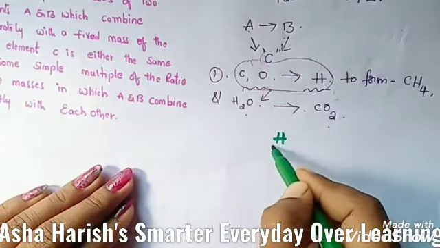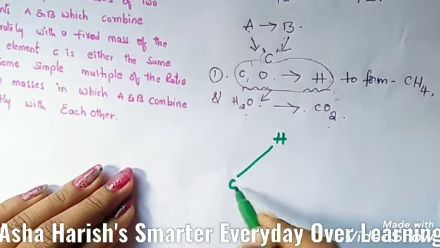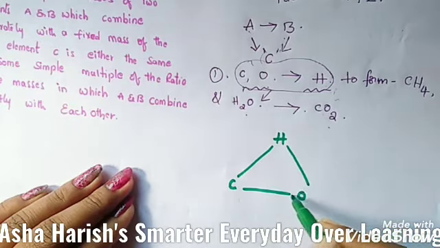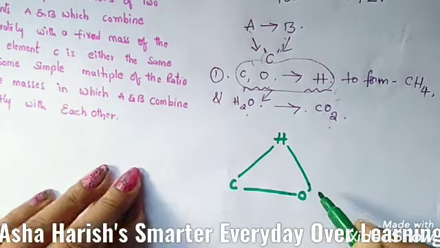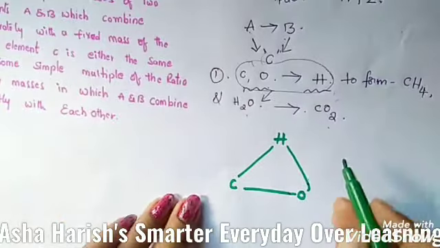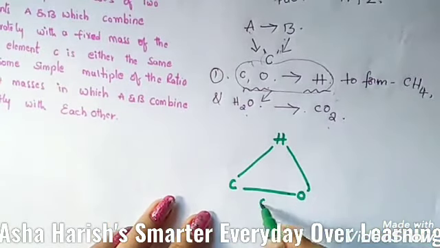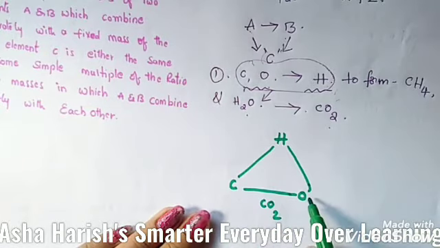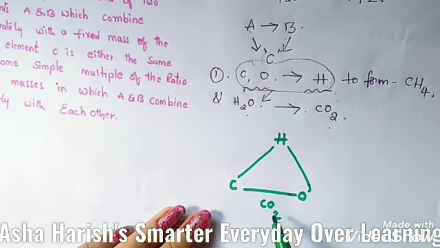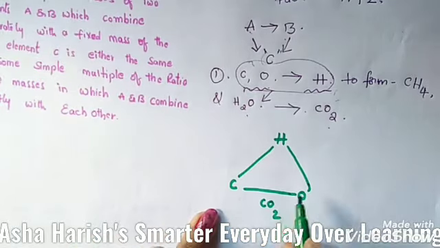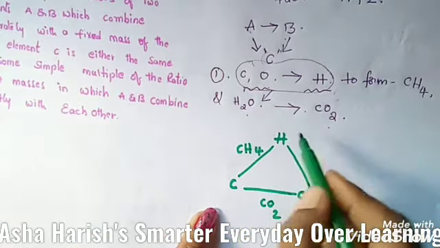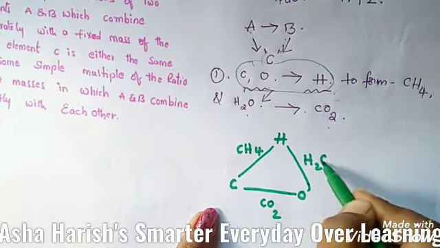Here is the hydrogen, here is the carbon, and here is the oxygen. These three are the elements. Suppose for the formation of CO2, here is the carbon and it combines with oxygen, then CO2 will be formed. Similarly, there is the formation of CH4, and also the formation of H2O.